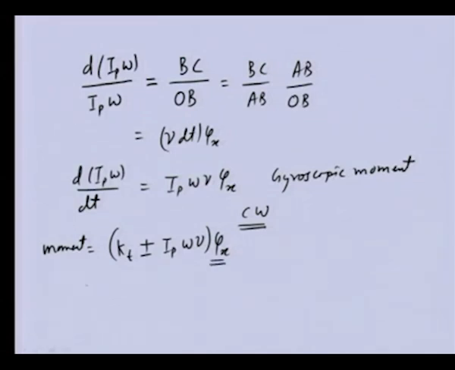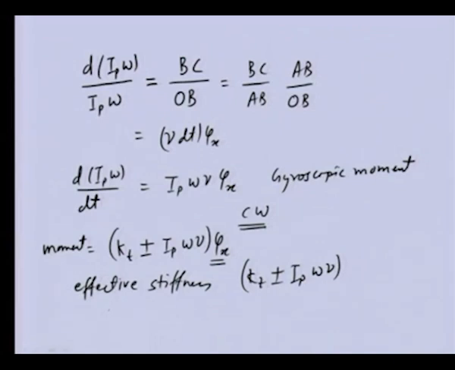That means the effective stiffness on the system will be kT plus minus IP omega nu, and the whirl frequency will be this effective stiffness, kT plus minus IP omega nu, divided by ID, because the tilting is about the diameter.